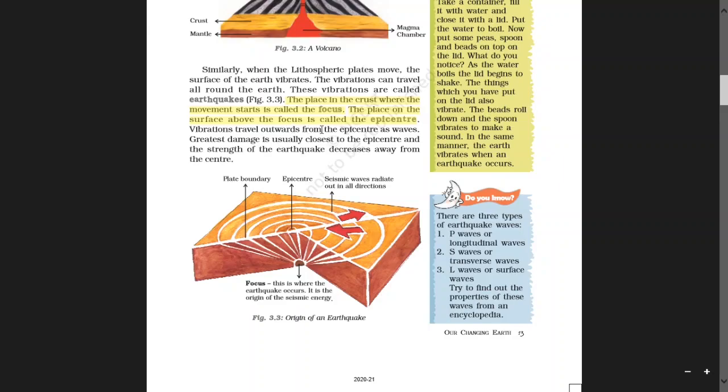Vibrations travel outwards from the epicenter as waves. The greatest damage is usually closest to the epicenter, and the strength of the earthquake decreases away from the center. Much destruction is usually found closest to the epicenter.